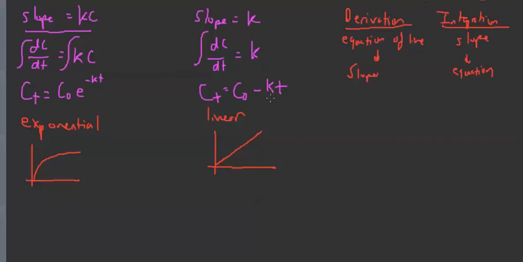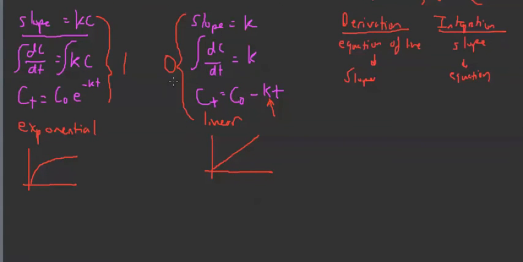This is zero order, and this is first order. So k for zero order we know is the rate, and t is time. We know k here for first order is going to be the rate constant, and t is going to be time.